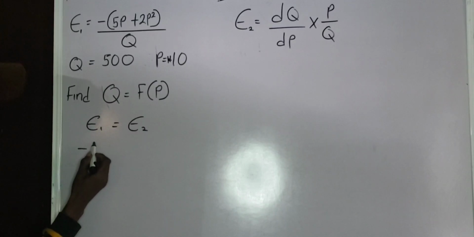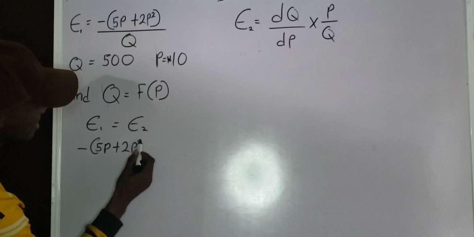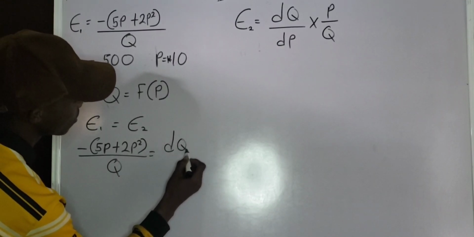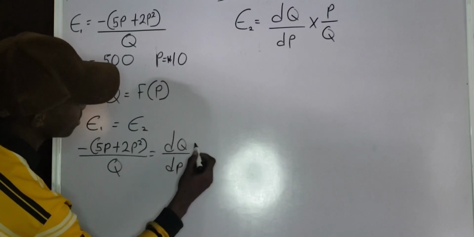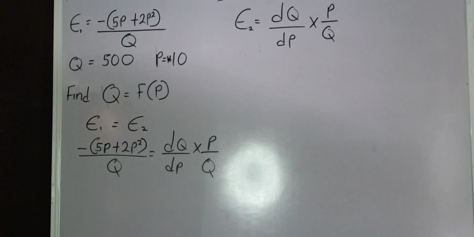So I'm going to have minus into bracket 5p plus 2p squared all over Q is equal to dQ over dP multiplied by P over Q. Please pay attention and follow this carefully.